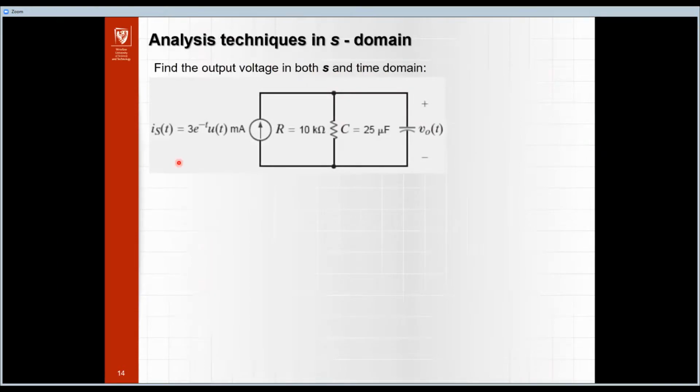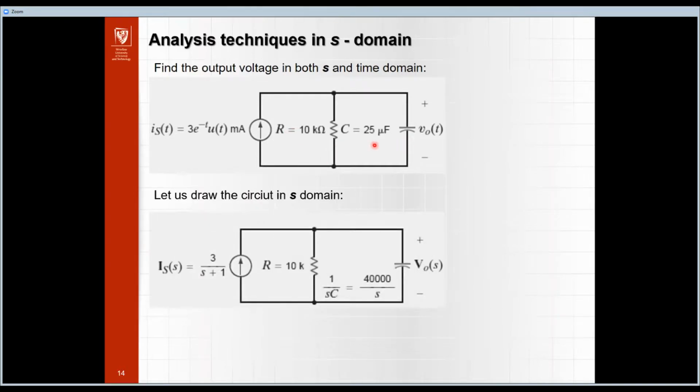Okay, and now we can try to find the output voltage in both the S and time domain. We have such a circuit. We know the function of the source current, and we have a resistor and capacitor here. Because we don't know the steady state before, we can assume that the voltage here is equal to 0 at the start.